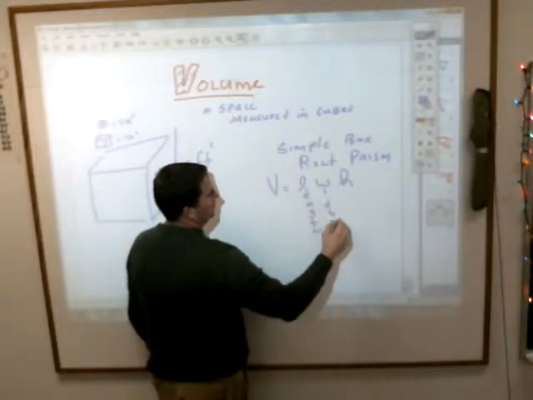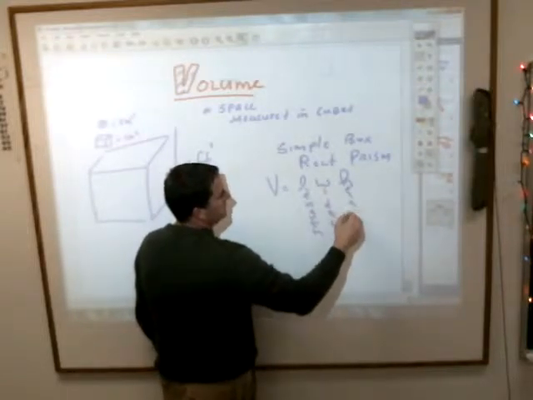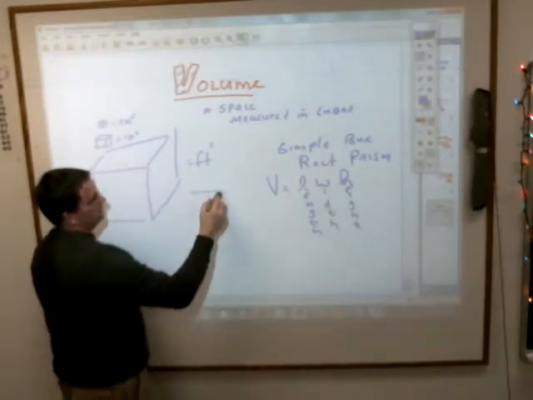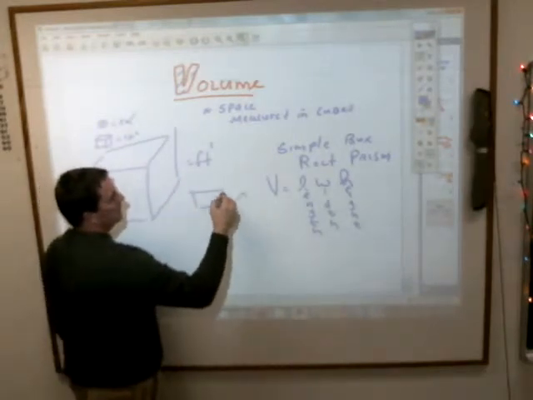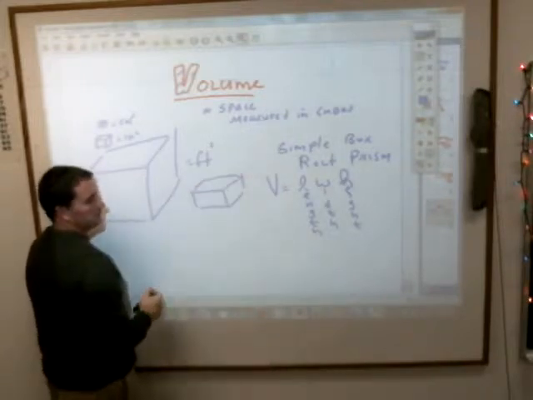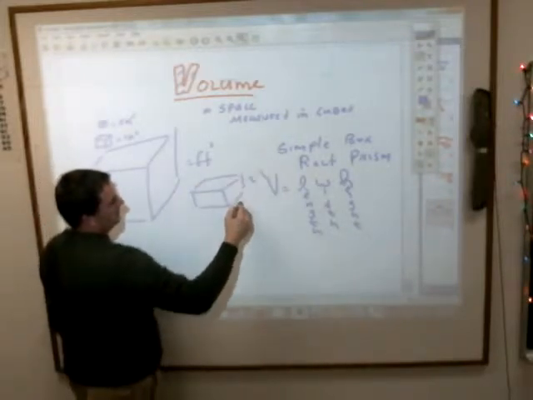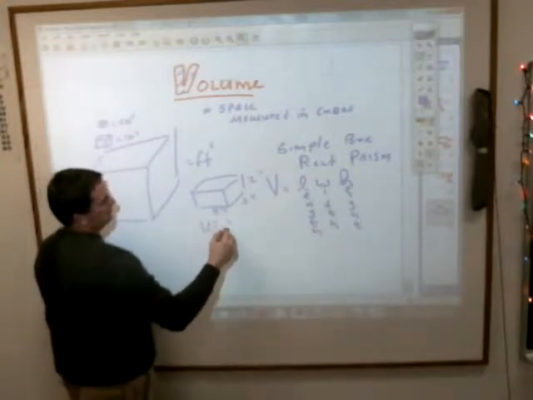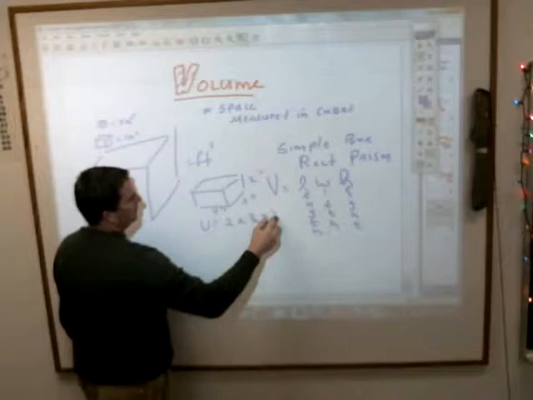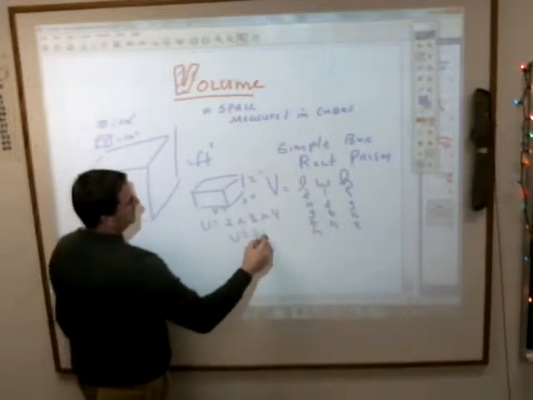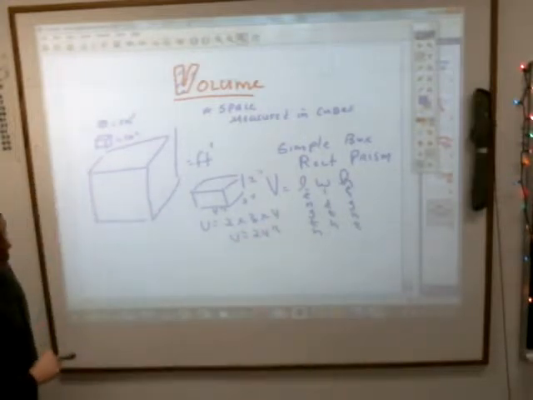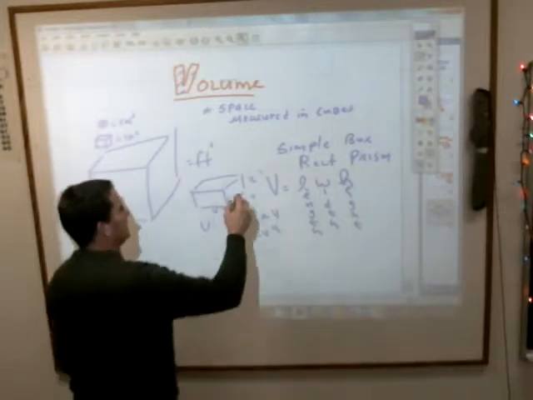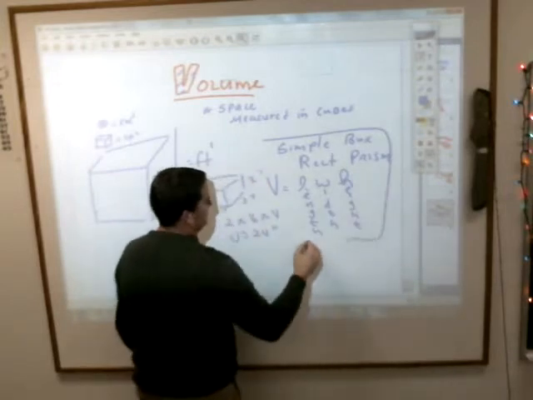Okay, it's just a simple little thing you've done since 5th grade or whatever. If it's just a rectangular prism like that, 2 inches by 3 inches by 4 inches, sure, volume equals 2 times 3 times 4, and volume equals 24 cubic inches, and that's all well and good. Okay? Make sure you note that.